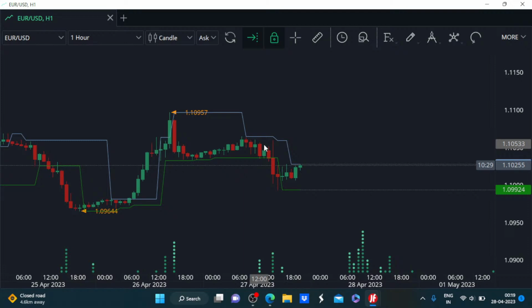So we had this strong move, and if you had gone for a short selling trade, you would have indeed been able to make money. After the price stabilized, we saw the euro USD entering into this channel.